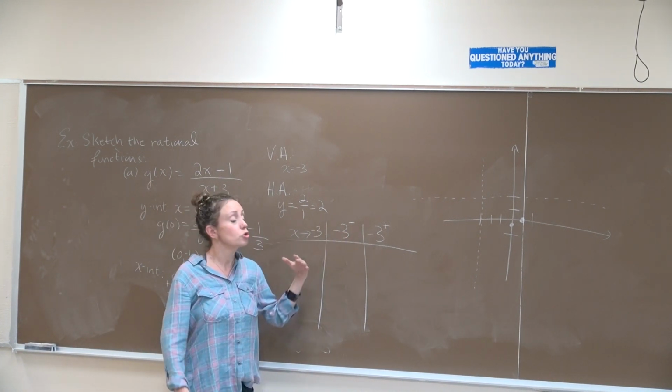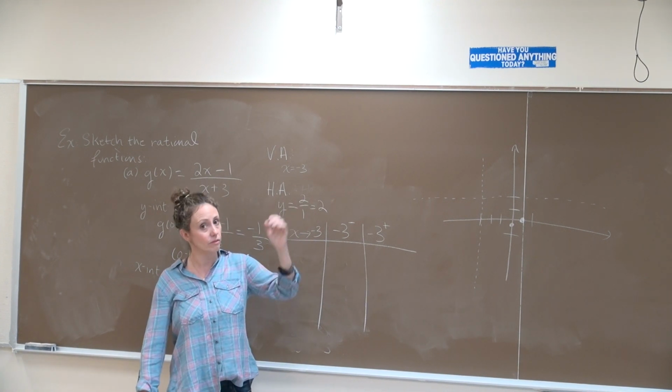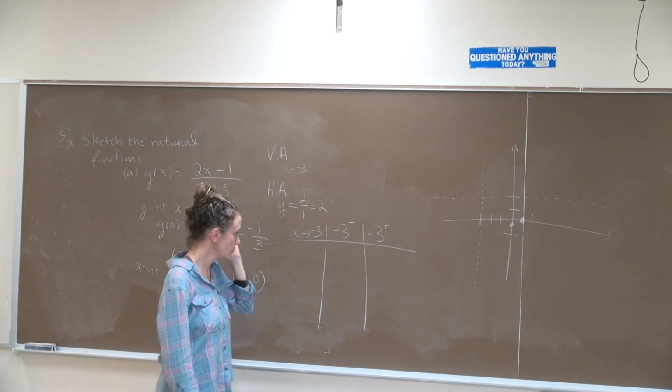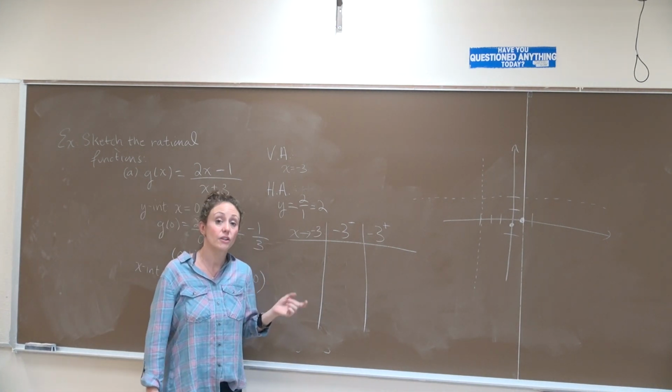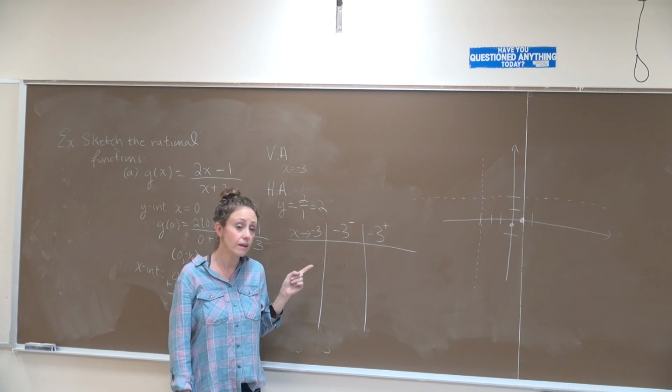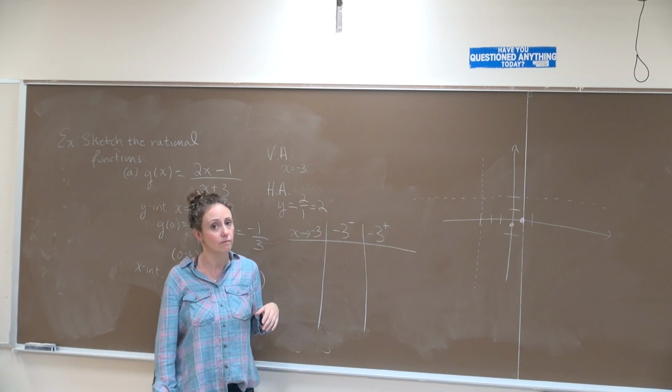So we're going to approach the vertical asymptotes. In this case, I only have one, so I'm going to approach it in two different ways, one from the left and one from the right. Now, what we're going to do is choose a value that's very close to -3 on the left-hand side, and then choose a value that's very close to -3 on the right-hand side, and substitute that in for x.